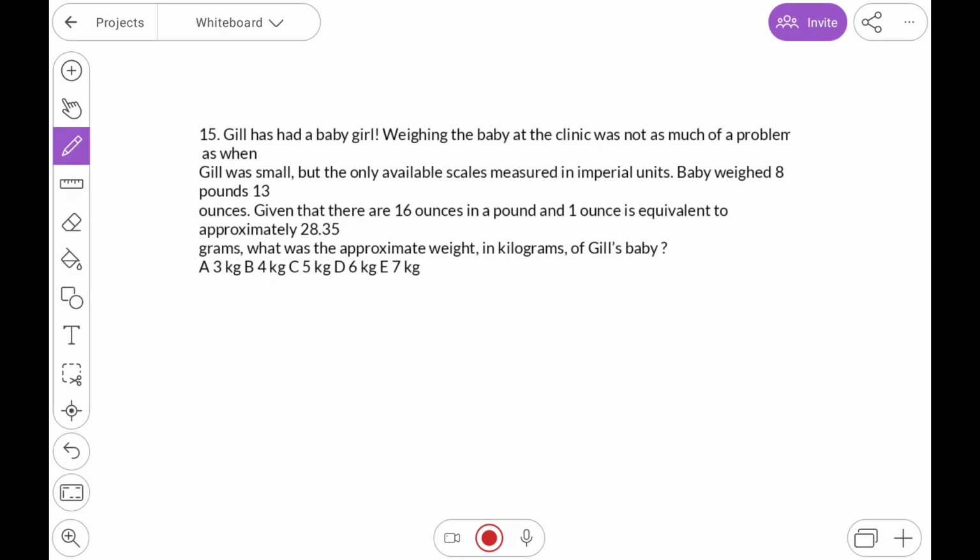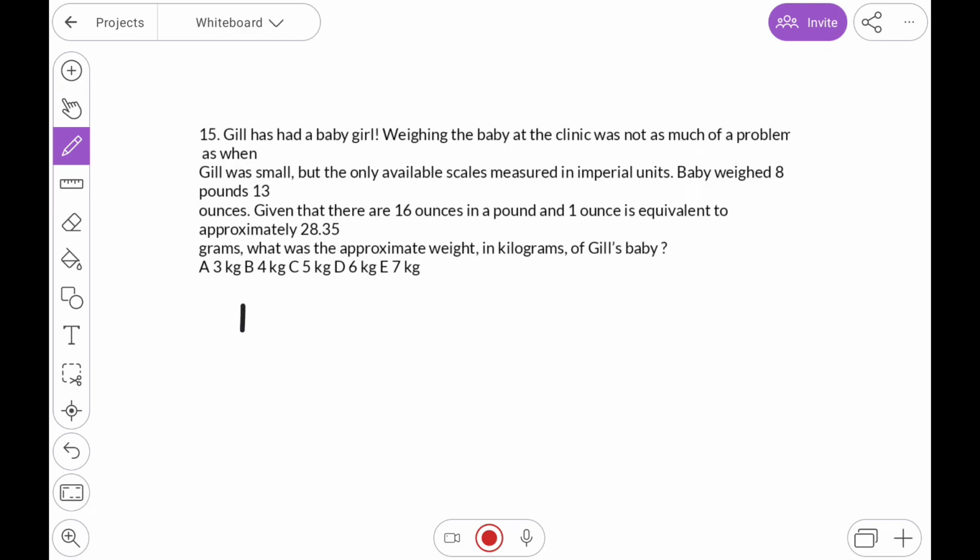Okay, we need to take this step by step because we're converting imperial units into metric units. So, we need to see how many ounces she weighs.